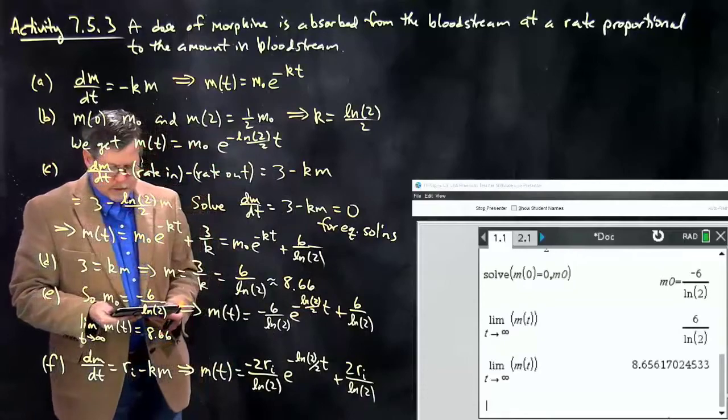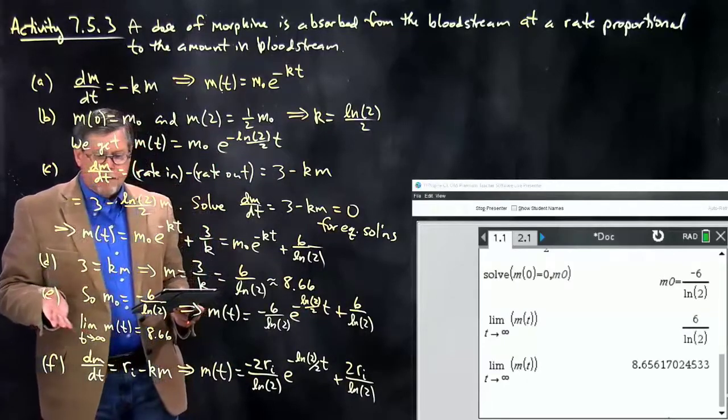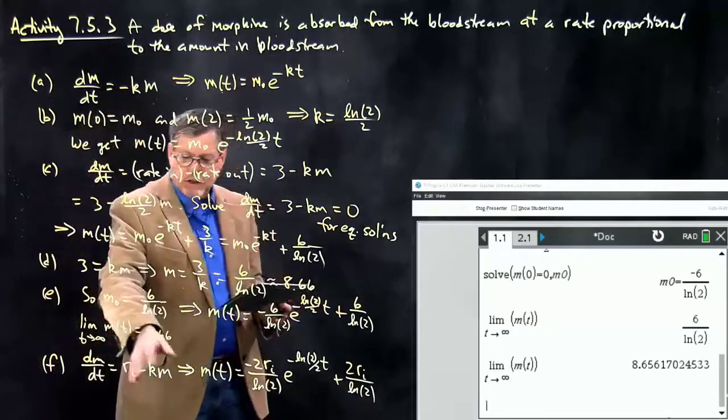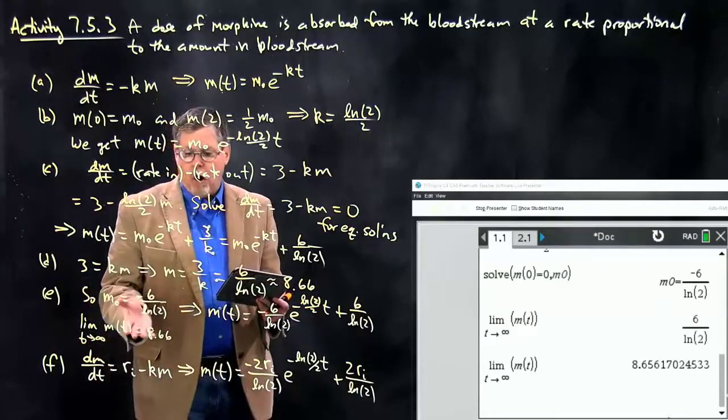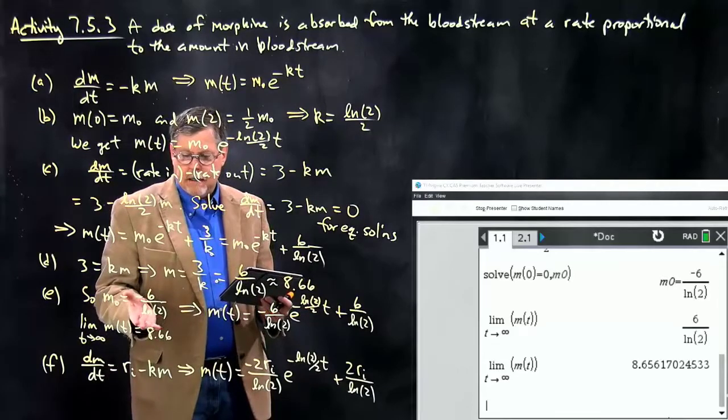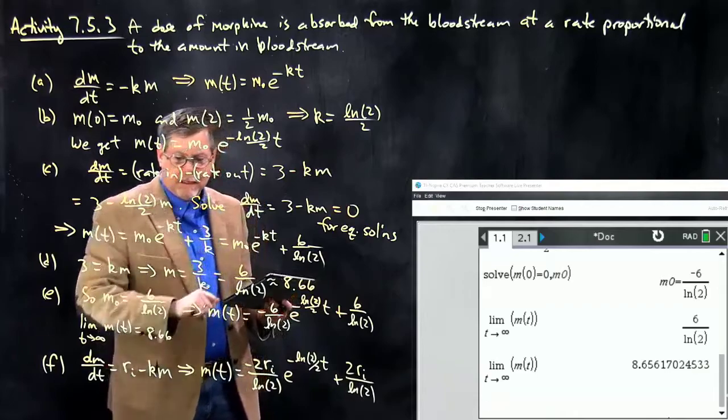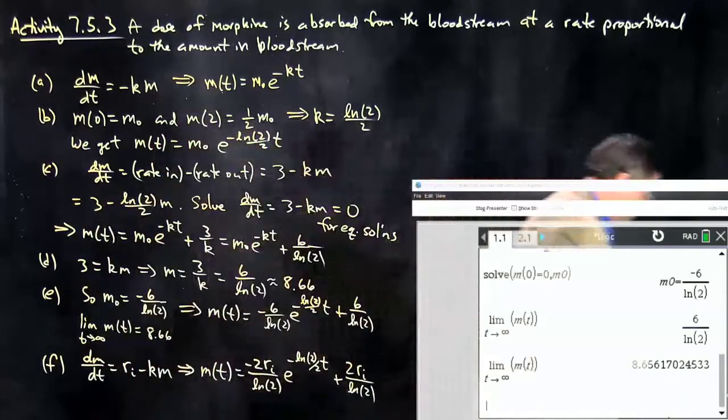Okay. So what we really want to have happen here is we want to adjust this rate so that I'm leveling off at 7 instead of this 8.66. Okay, so that's our goal here.